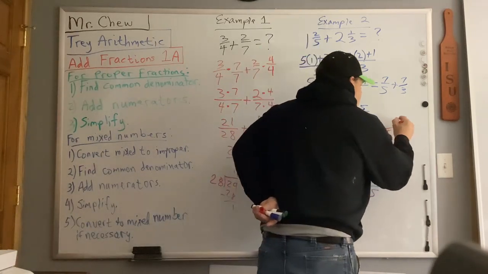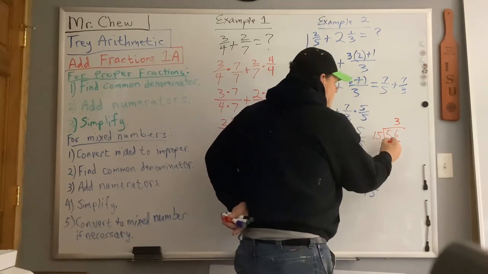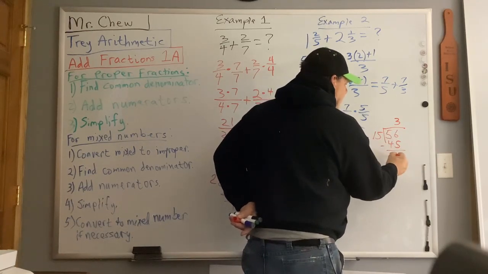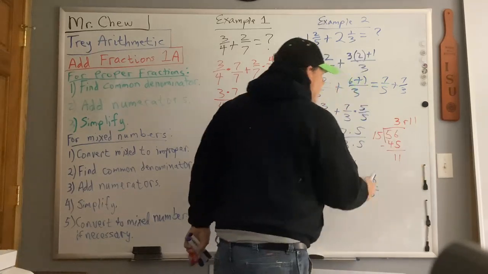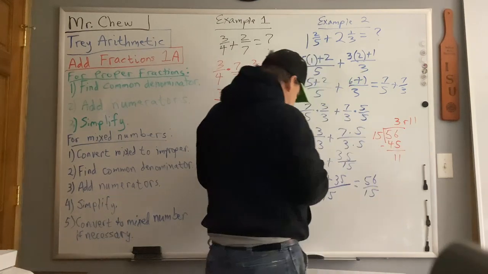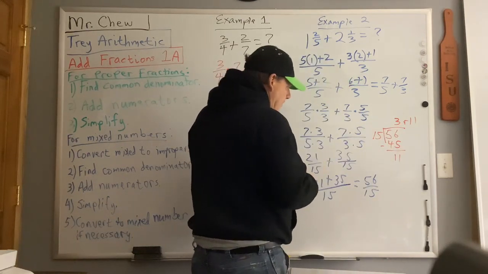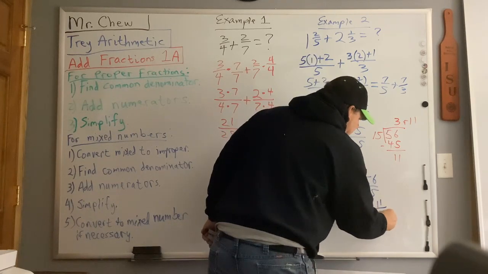So 15 goes into 56 3 times. 3 times 5 is 15, carry the 1. Subtract that, I get 11. So that's remainder 11. So the way we write that, it's 3 and 11 over 15. That equals 3 and 11 over 15.